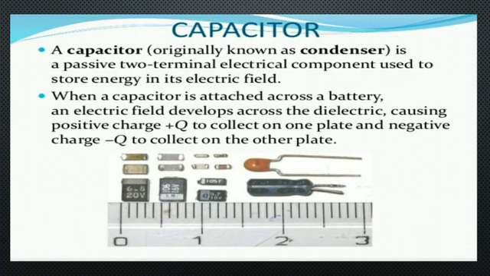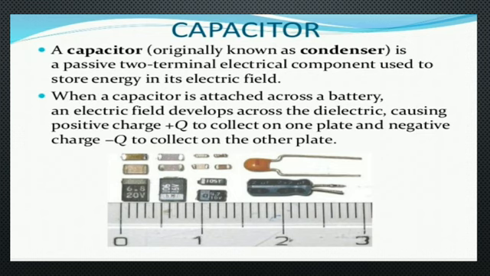See, these are capacitors of different shapes. A capacitor is a passive two-terminal electric component used to store energy in an electric field. When the capacitor is attached across a battery, an electric field develops across the dielectric material because an induced process takes place.